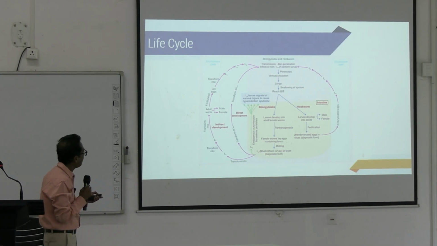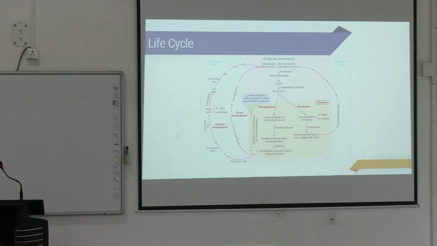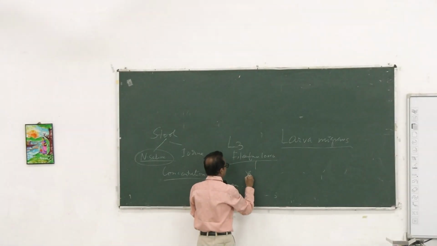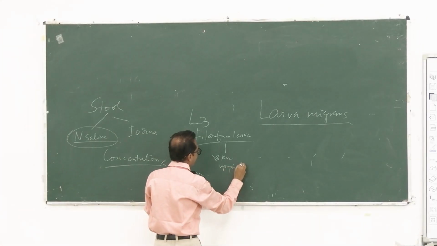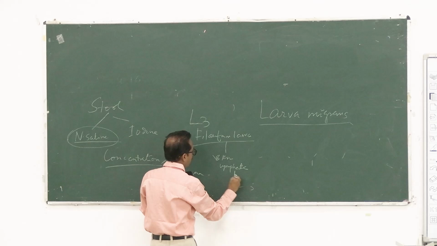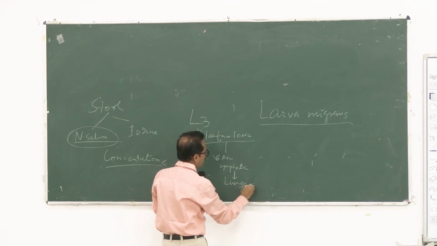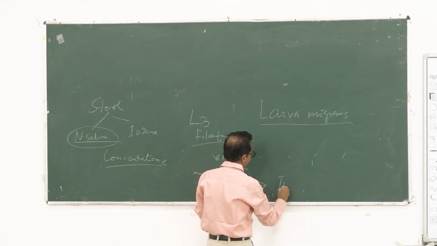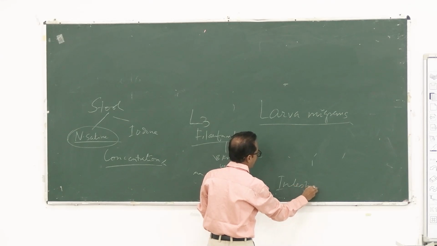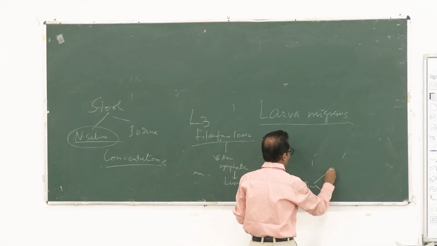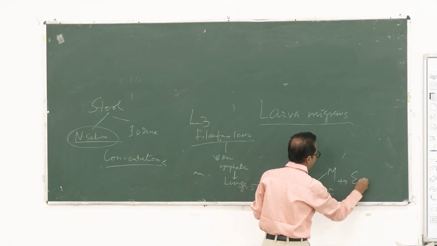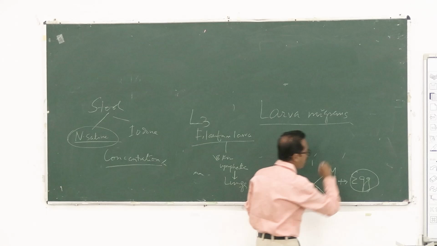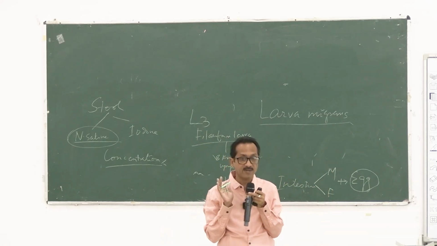So in case of hookworm, L3 is the infective form, goes by skin penetration, by lymphatics to venous circulation, then to lungs, it is swallowed back to the intestine and it divides into male and female, and fertilization occurs that leads to egg, and this egg is unembryonated again.